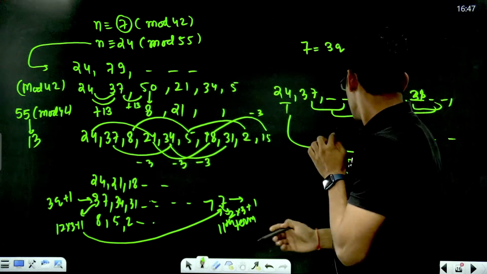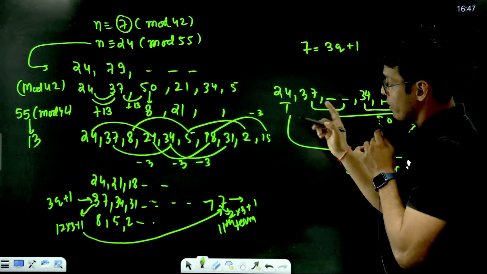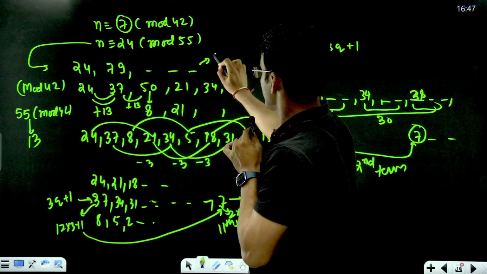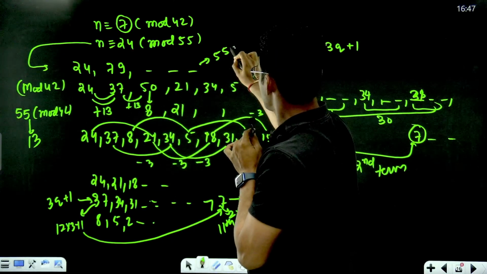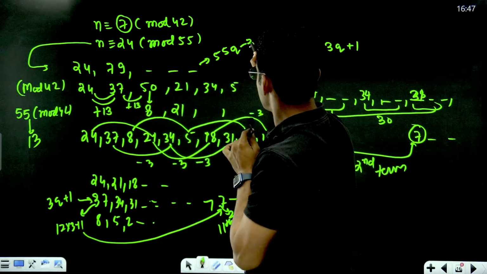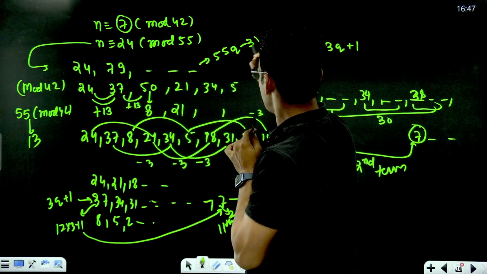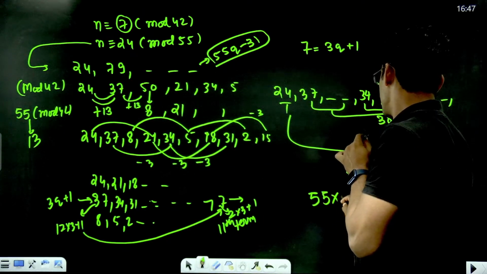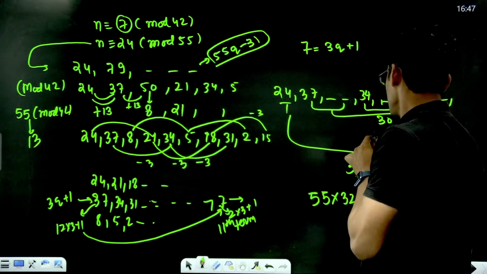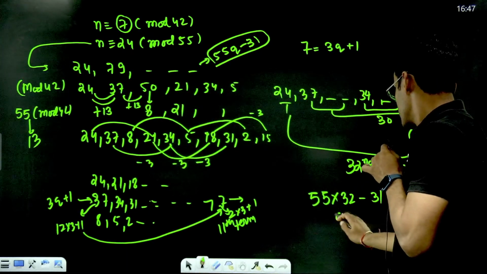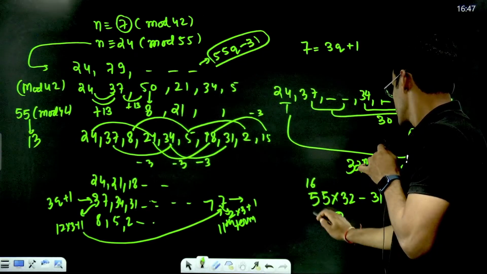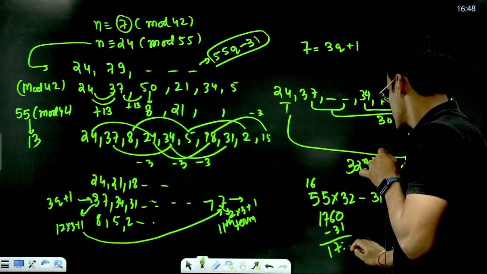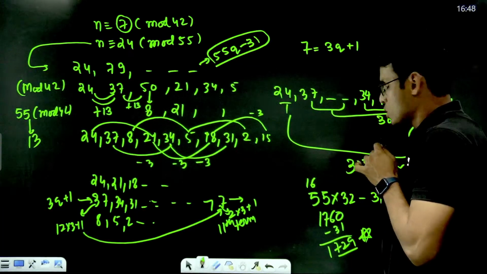So if you give me 30, what do I get? 1729.